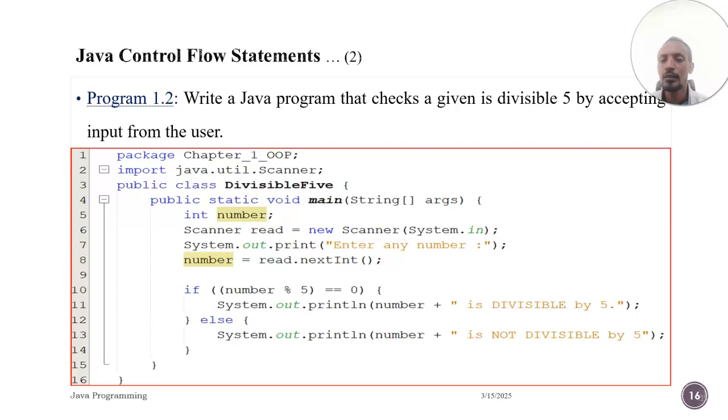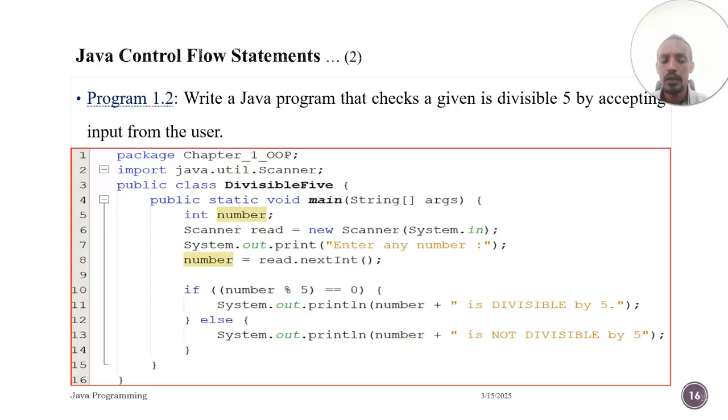System.out.print, enter any number, new line. Then it is loaded to the declared number. number equals read, where read in this case is the object of the Scanner, dot nextInt. It is a method that helps to accept an input from the user.